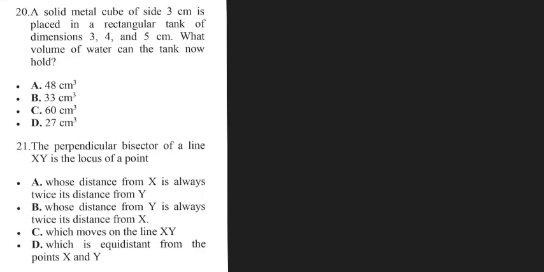So from the question, we know that we have a cube, and don't worry about my drawing, we have something like this. So this is a cube, right? And a rectangular tank, of course, we know it's going to be something like this.